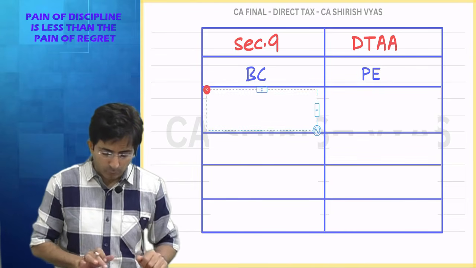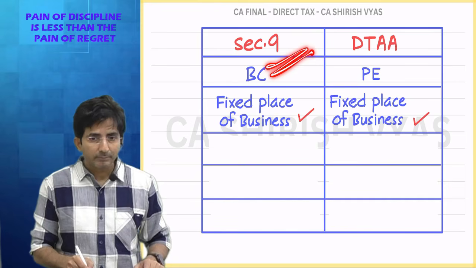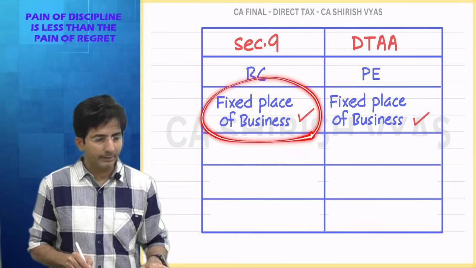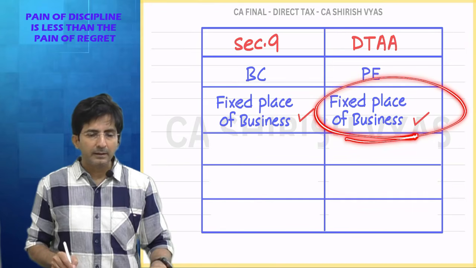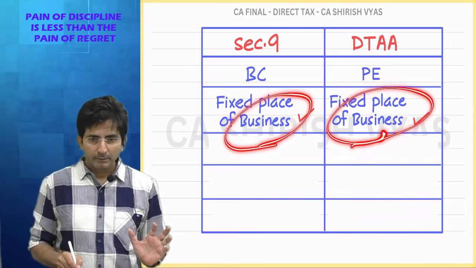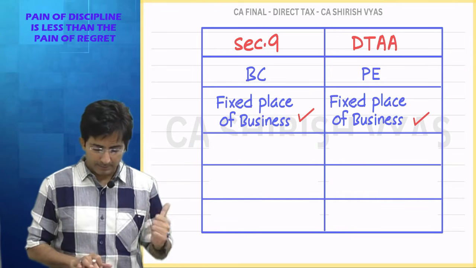And second difference, look. According to Section 9, if you have a fixed place in India, it's a business connection in India. The same thing is there in DTAA. If you have a fixed place in India, it is a PE in India. Having a fixed place will make you taxable in India. That is a common point in Section 9 and DTAA. Then see the difference.